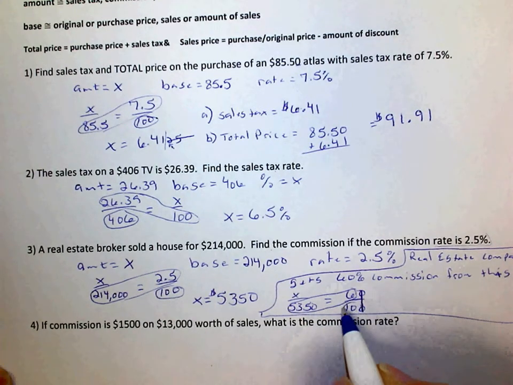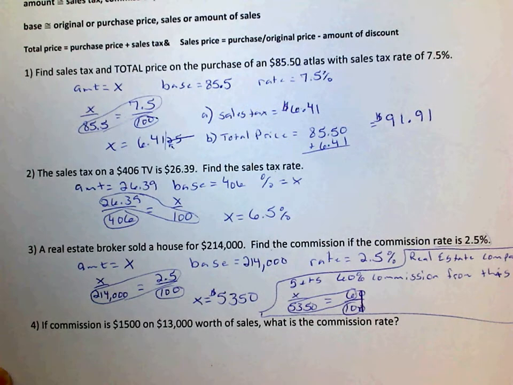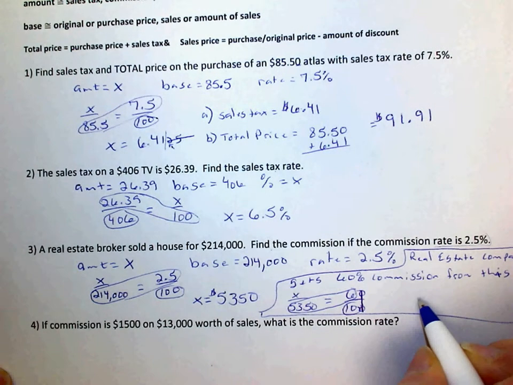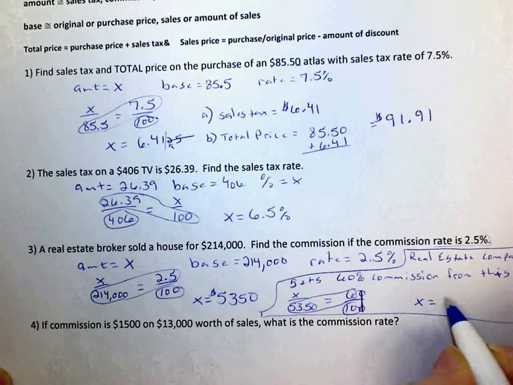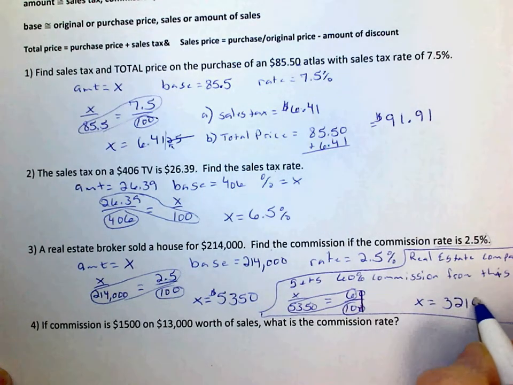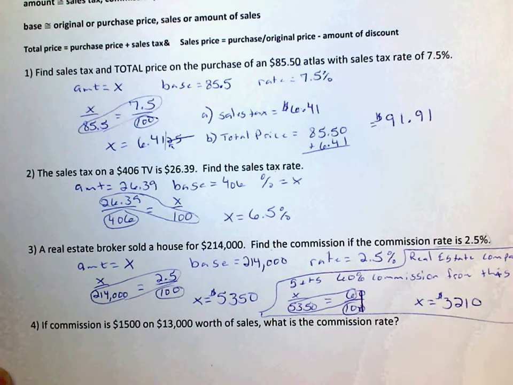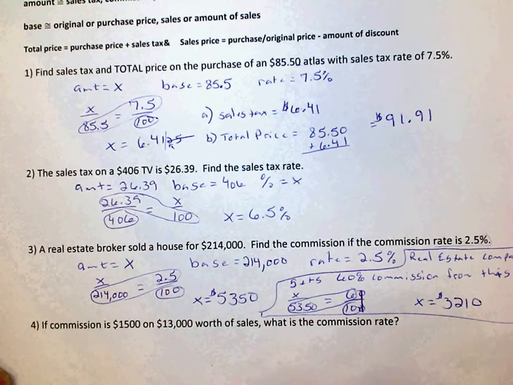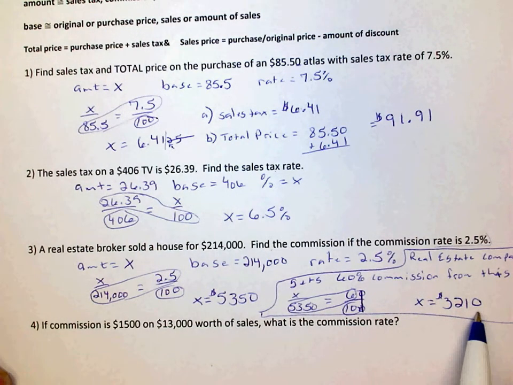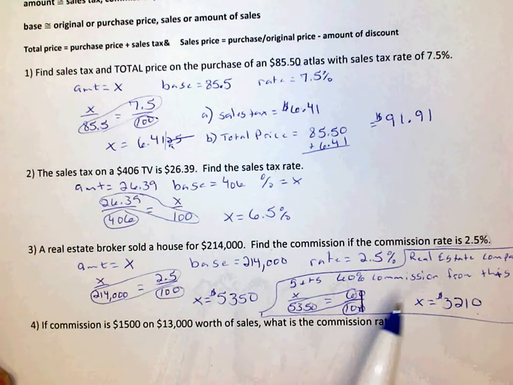So 5350 times 6 divided by 10, and their amount of commission is $3,210. So just in case you do get that problem, remember you have to do this thing twice.